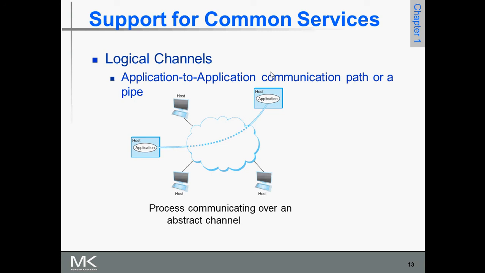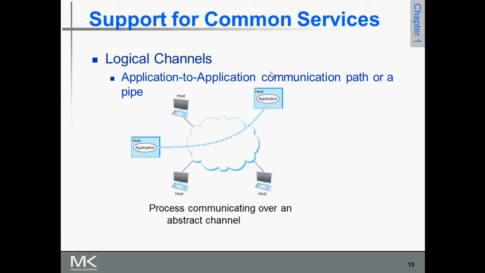It is nothing but our functions in our programming languages. So the common services like send and receive are supported with the help of APIs. We can write APIs for that, or we can fetch the API to send and receive the data. So that is called support for common services. There is no need to write the code for send and receive every time.